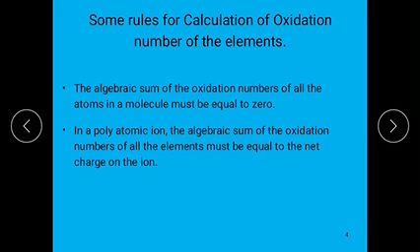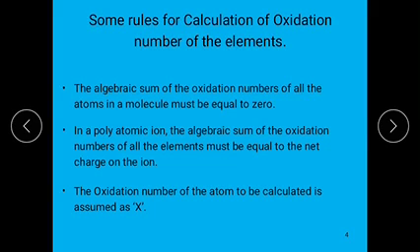In a polyatomic ion, the algebraic sum of the oxidation numbers of all the elements must be equal to the net charge on the ion. Simply, in the ionic state of any ion, the sum of the oxidation numbers of the elements is equal to the charge of that ion.